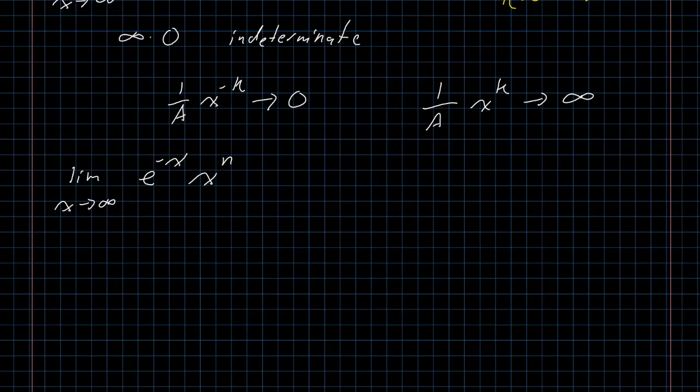If I think about e to the minus x, that's 1 over e to the x, so it's 1 over the sum, k goes from 0 to infinity of x to the k over k factorial.